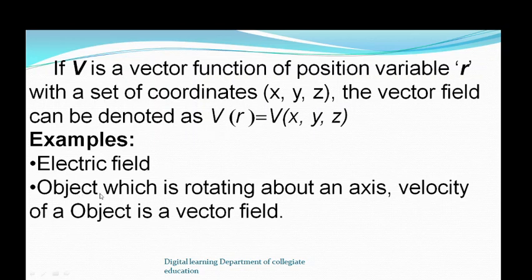Similarly, velocity of an object rotating about an axis is an example for vector field. For a body rotating about an axis in circular motion, velocity is different at different points. Therefore, velocity is a function of position of a point.